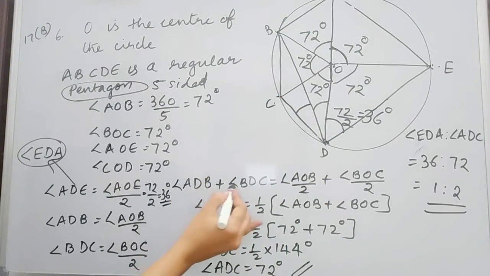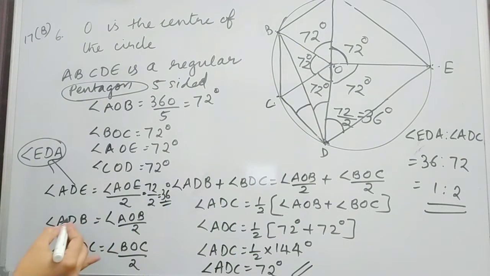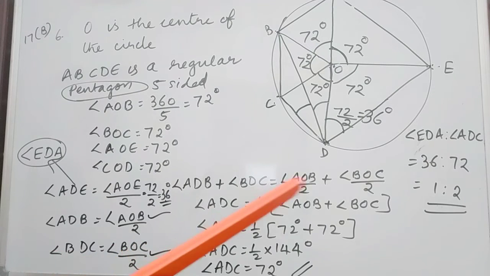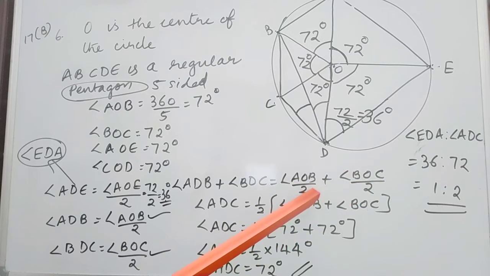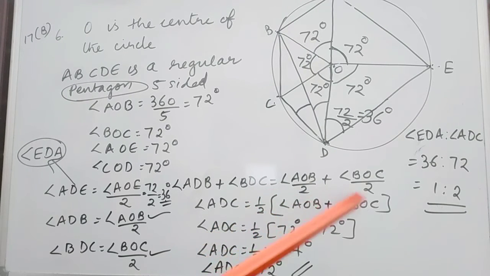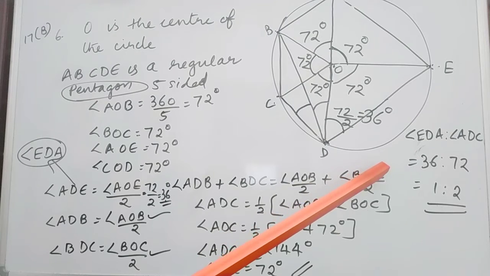So, ADB plus BDC is equal to angle AOB by 2 plus angle BOC by 2. The 1 by 2 is common, so take it outside. Then it is half into, within brackets, AOB plus BOC.